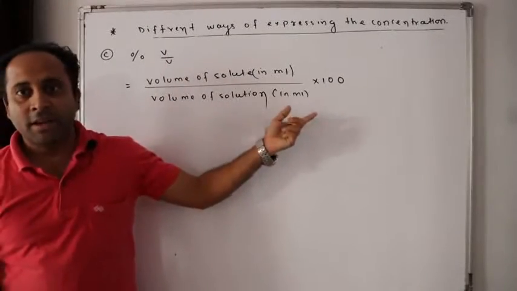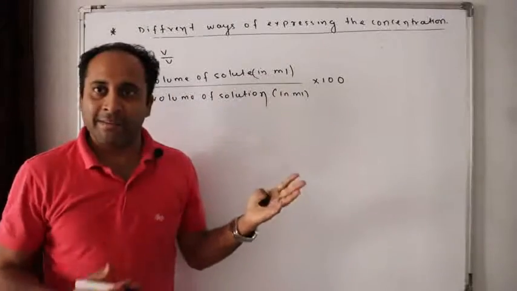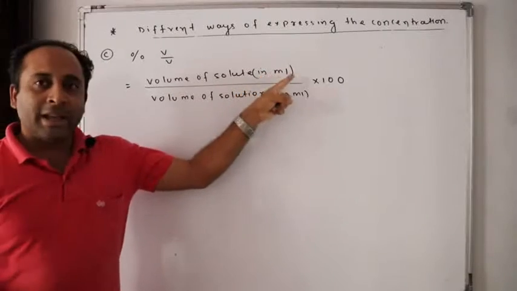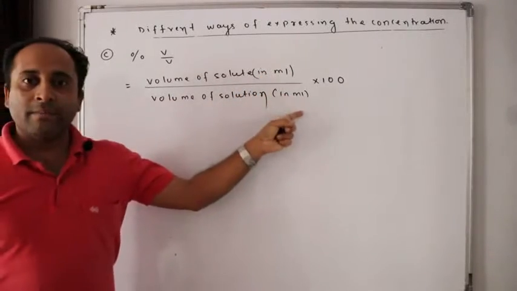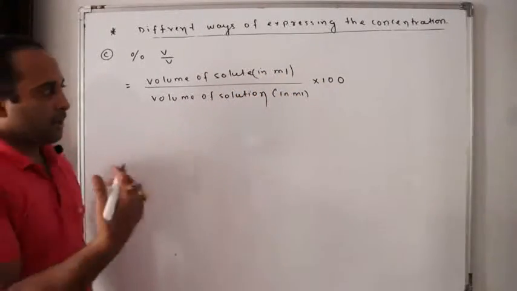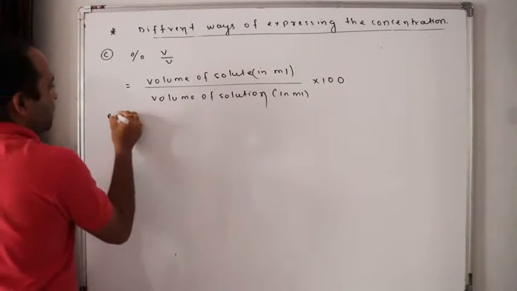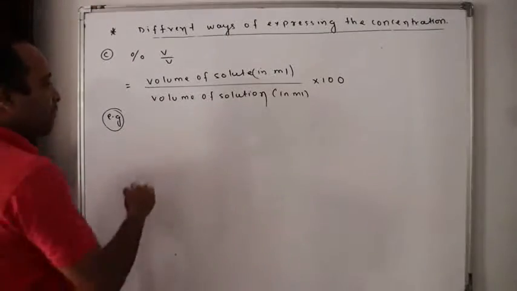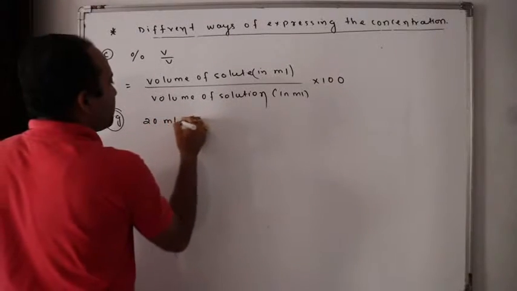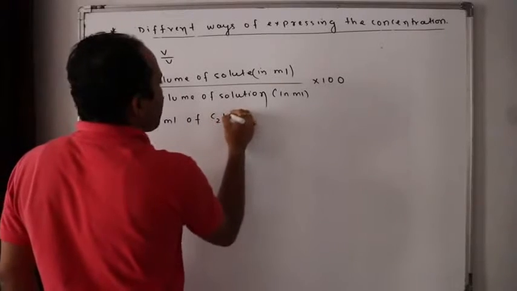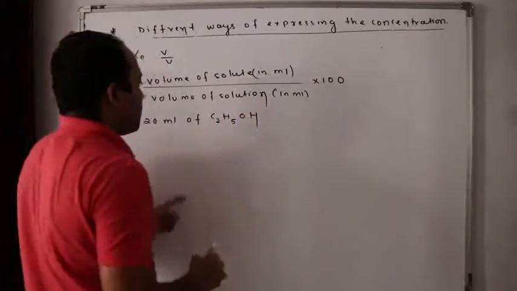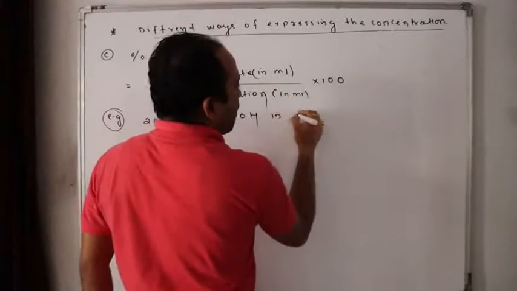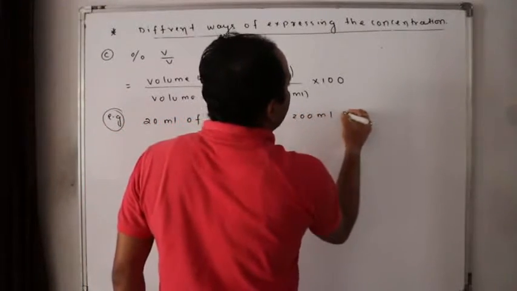Sometimes questions may give it. JEE people are a bit mad, they can give any questions. So percentage by volume is the volume of solute in ml divided by the volume of solution in ml into 100. This can be supported with an example: 20 ml of ethanol in 200 ml solution.